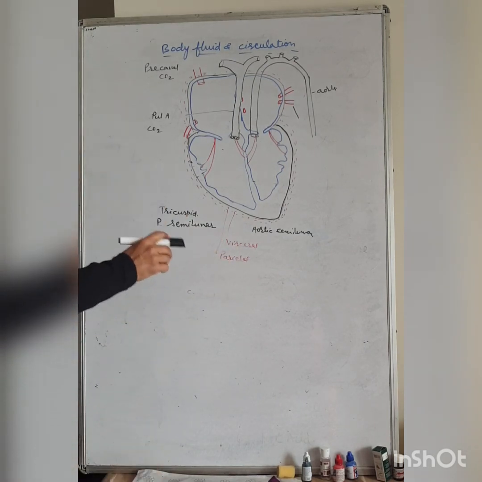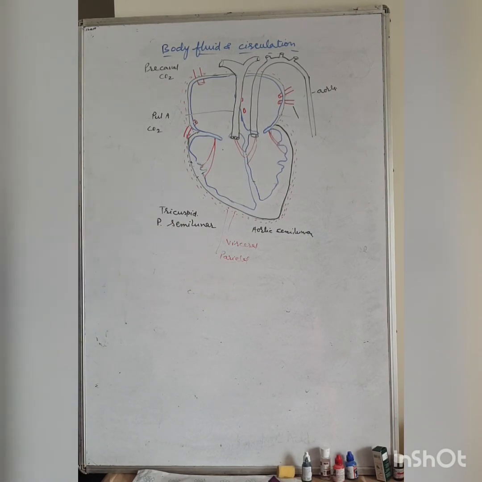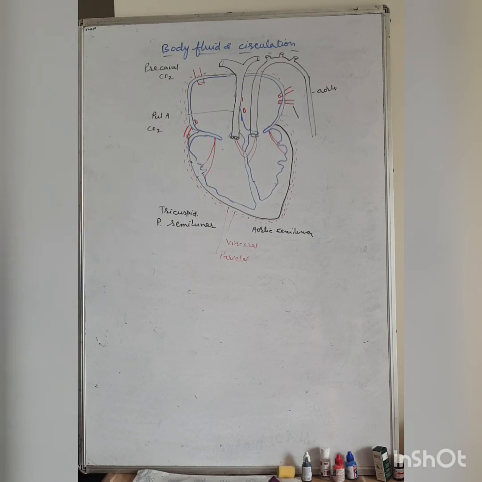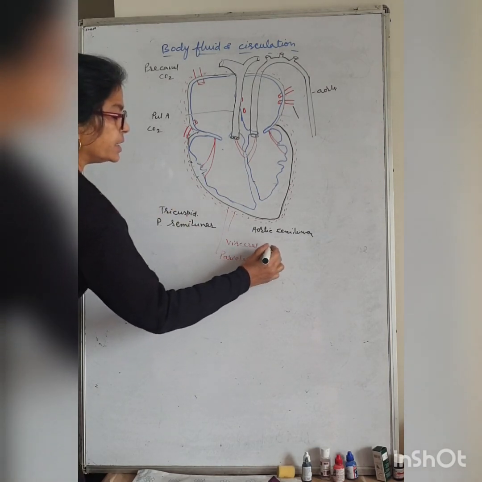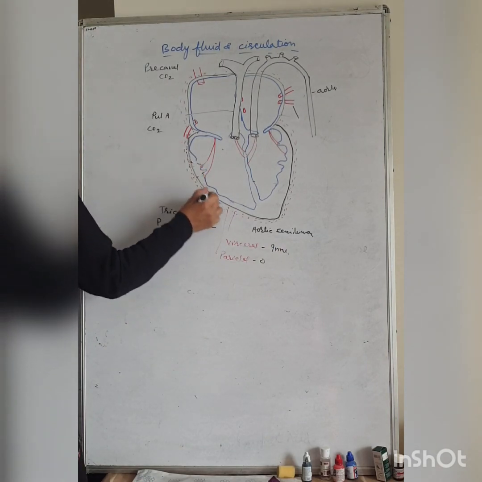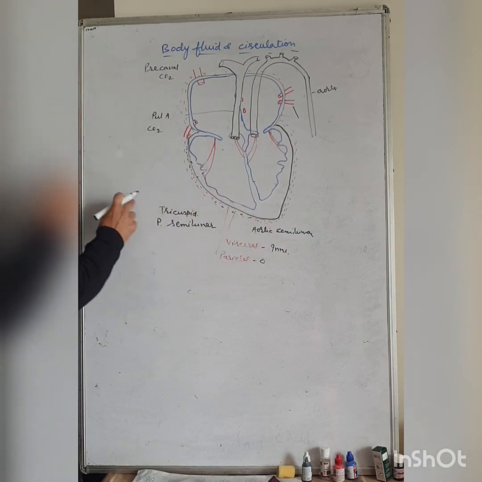Three membranes are there, as I discussed earlier: pericardium, myocardium, and endocardium. The pericardium consists of two layers, the outer parietal and the inner visceral, and between them there is pericardial fluid.